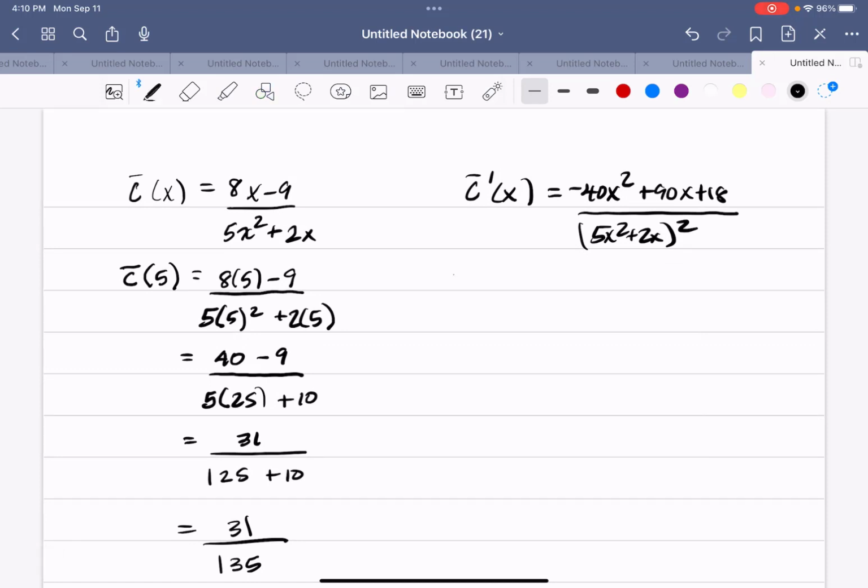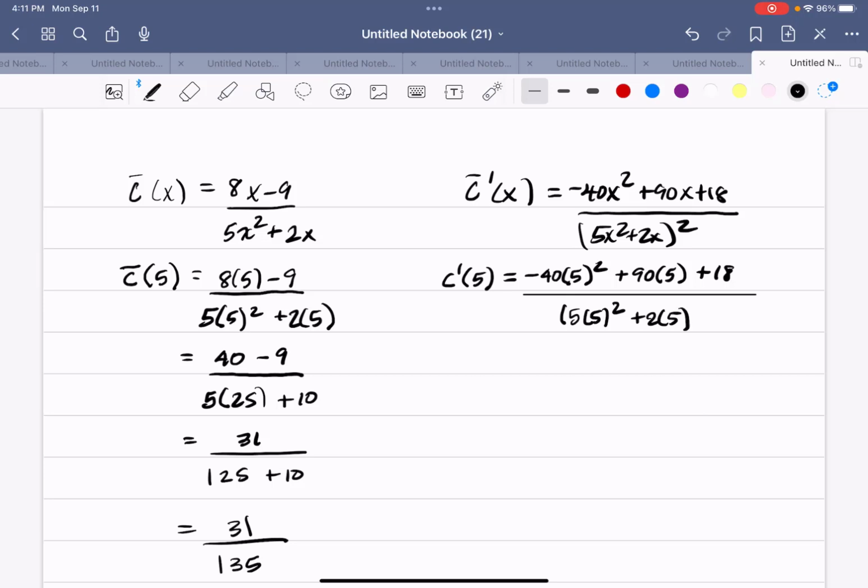Now we need to repeat that for the marginal average cost. So C bar prime of 5 is negative 40 times 5 squared plus 90 times 5 plus 18, and that's divided by (5 times 5 squared plus 2 times 5) all squared.